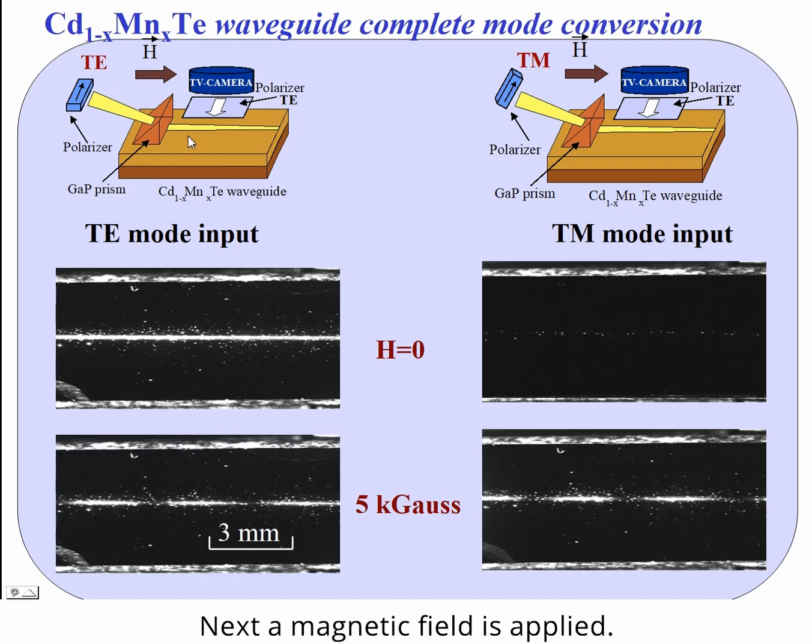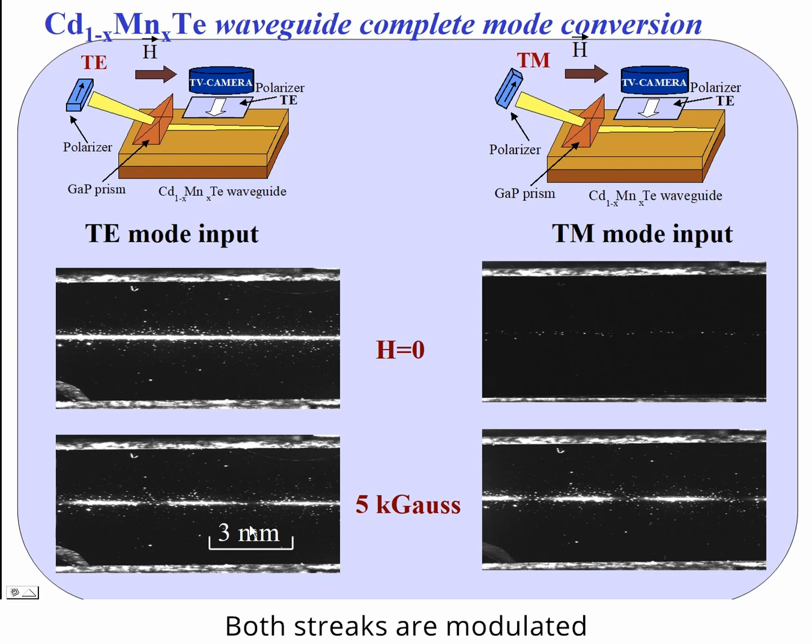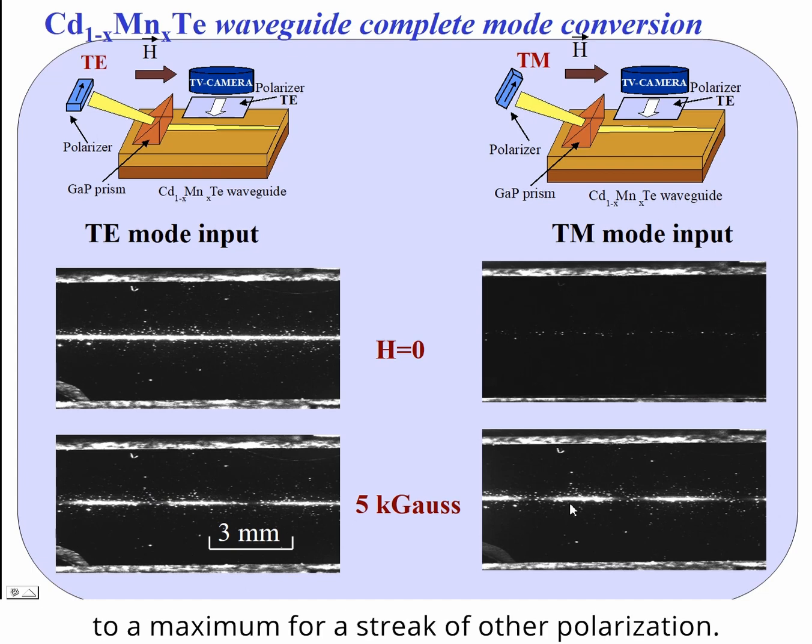Next, a magnetic field is applied. The streaks of opposite polarization show up. Both streaks are modulated, and the minimum for one streak corresponds to the maximum for the streak of the other polarization. It is because of the polarization rotation.